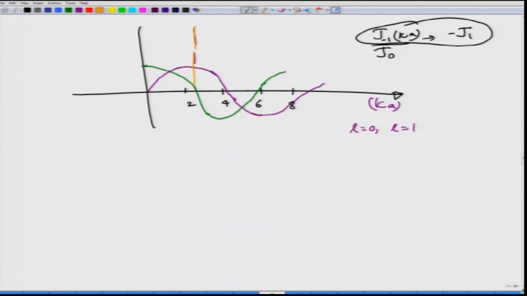This is one region where the solution is only coming from this one, and the solution here is LP01 mode, 0 standing for L equal to 0, and once you get J0 going through 0, then you will have the next set of solutions, and this next set of solutions will be valid until the next root of J1. Remember, kappa A has to switch between J L minus 1 and J L. Okay. So, in the next set you will have the mode which is LP11 mode.